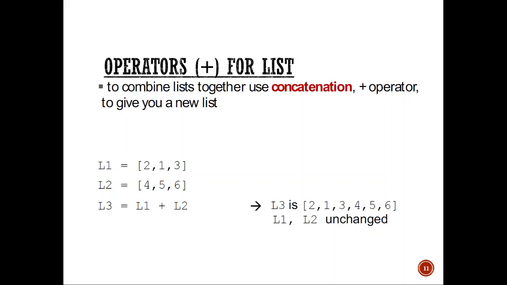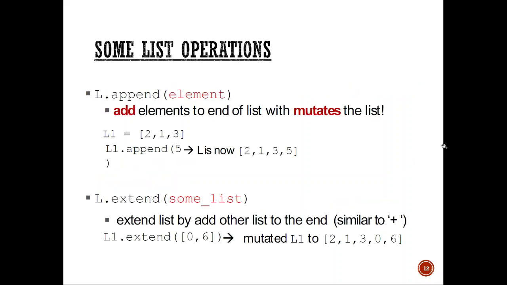It is possible to perform list concatenation using the plus operator. So for example, if we have list L1 and list L2, this operation would result in a new list L3, which is the concatenation of both. However, note that in this case L1 and L2 have not been changed.